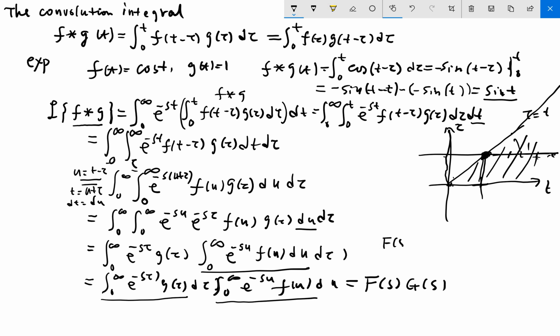Remember, capital F(s) is the Laplace transform of small f(t). Doesn't matter here, use t there or u there, the same thing. G(s) is the Laplace transform of small g(t). Okay, same thing.